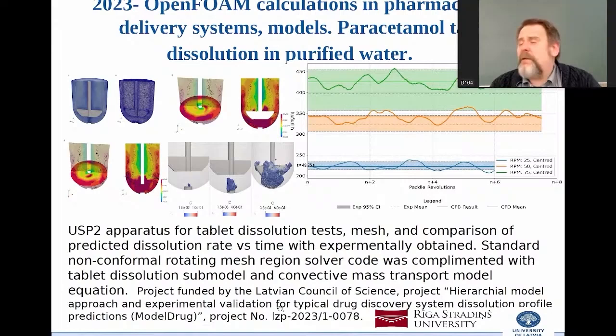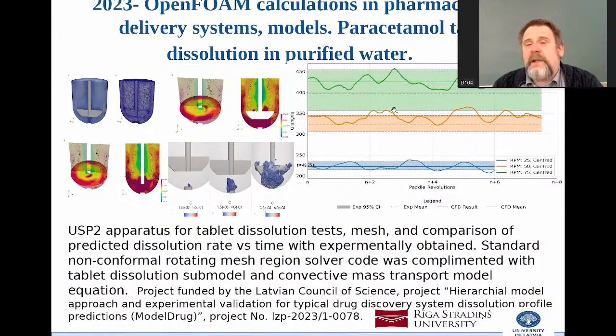We are modeling how tablets of paracetamol, for example, dissolve over time when there is some kind of flow around it. And yes, again, we are using extensively rotating coordinate systems and different turbulence models, large eddy simulations. This is not stationary, it's dynamical models.